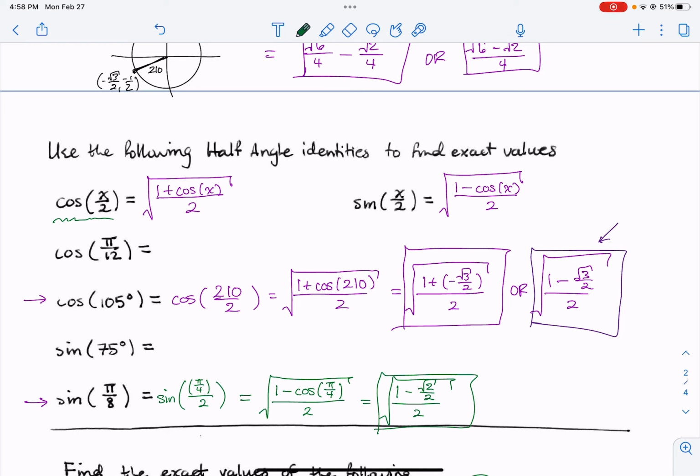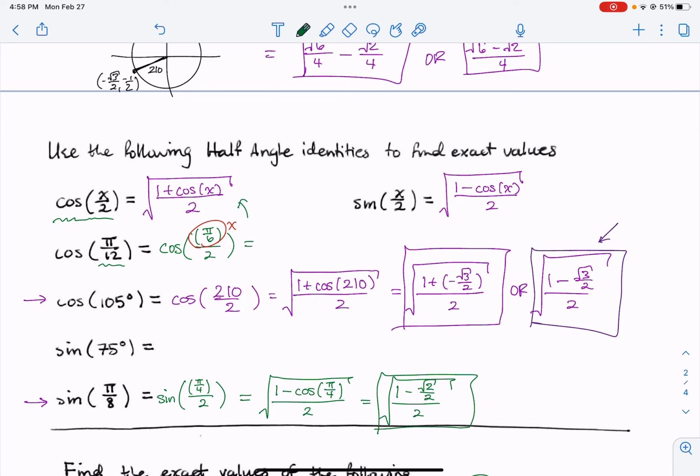So we have pi over 12 here. I could rewrite this angle as cosine of pi over 6 over 2, and that means that my x is the pi over 6. And so I just put it into the formula, the one up here.